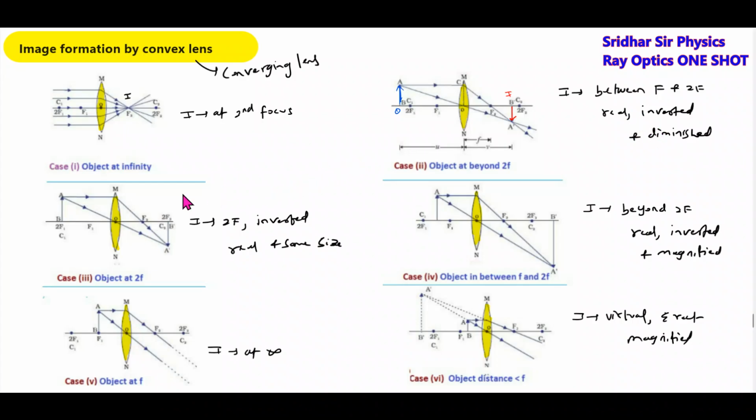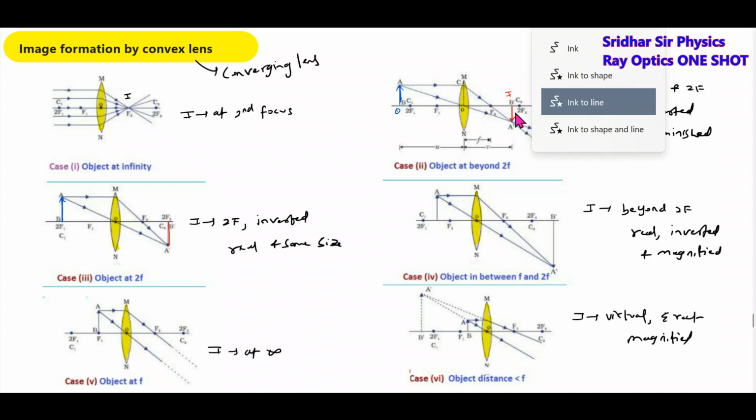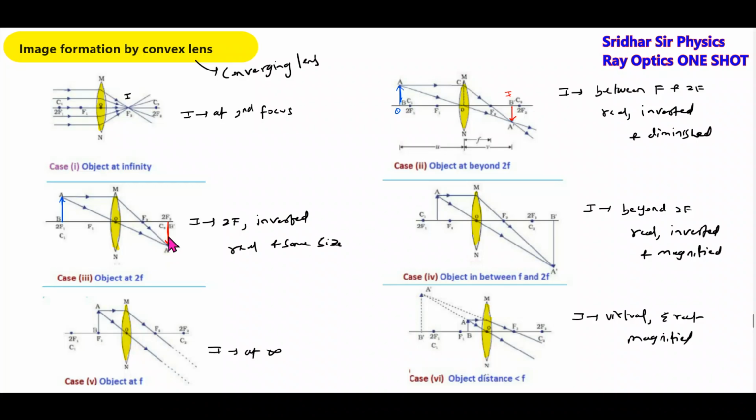Next condition we will take. If object is at 2f, then the image will be at 2f only. First, the ray will be incident parallel to the optic axis.